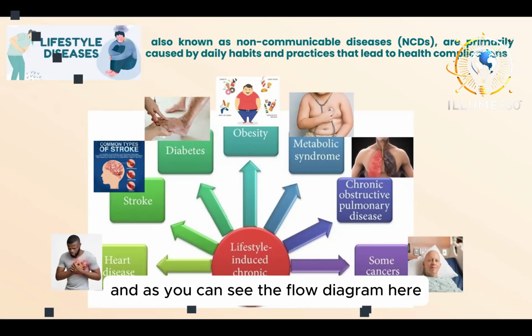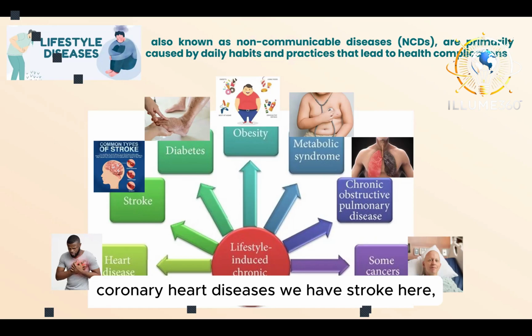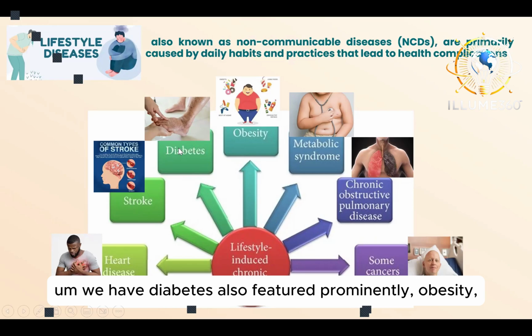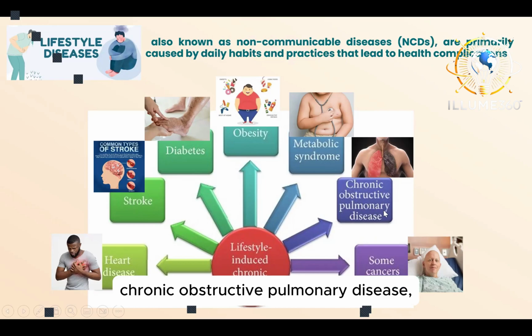And as you can see in the flow diagram here, there are a number of these diseases listed, and one is heart disease, coronary heart diseases. We have stroke here. We have diabetes also featured prominently, obesity, metabolic syndrome, chronic obstructive pulmonary disease, and also some forms of cancers.